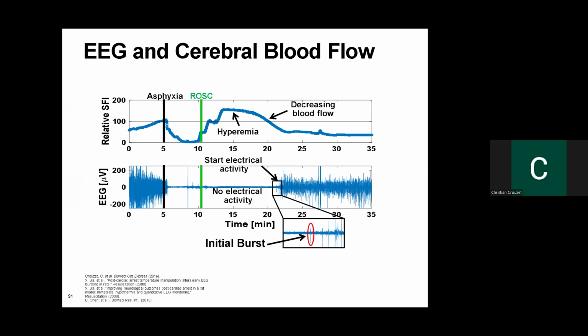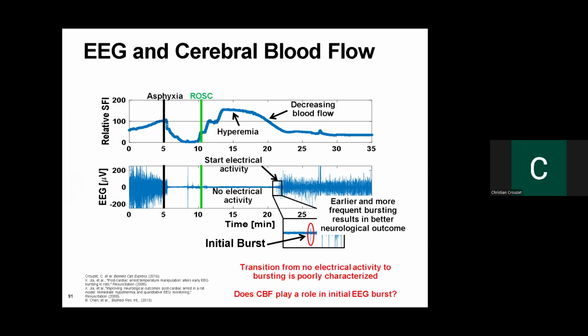So we wanted to look at this a little bit more. Other papers have shown, without any optical data but from a brain electrical activity perspective, that the earlier and more frequent this bursting is, the better the neurological outcome typically is. So we wanted to see whether the cerebral blood flow that we're able to measure plays a role in the initial EEG burst that occurs.